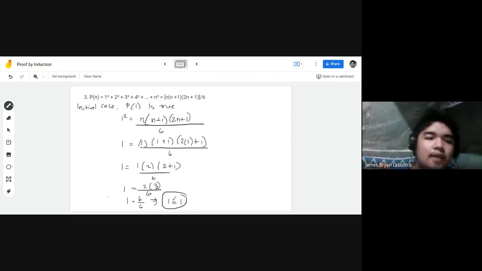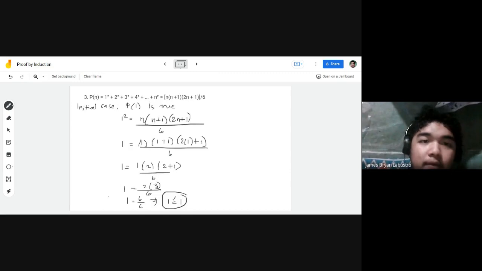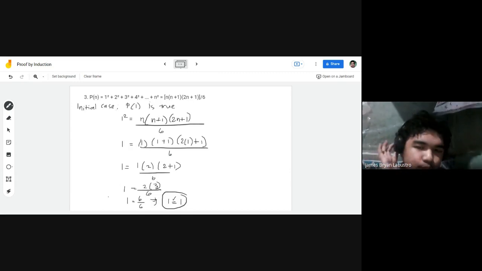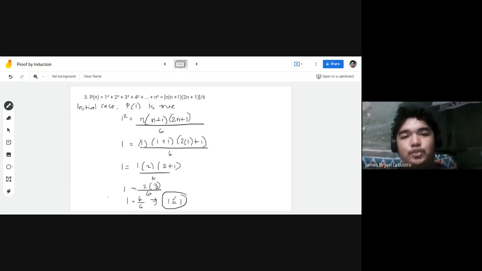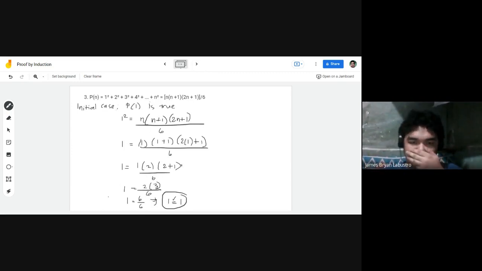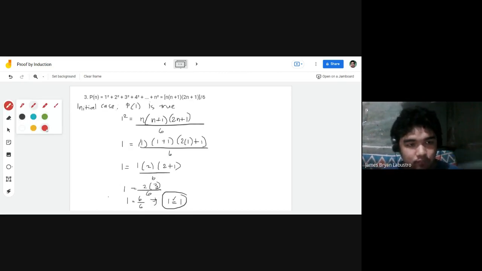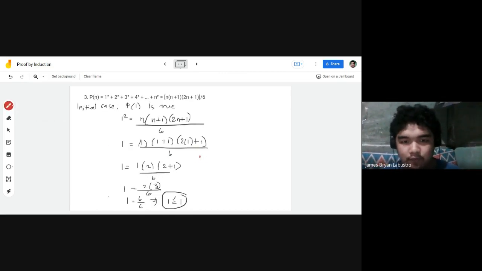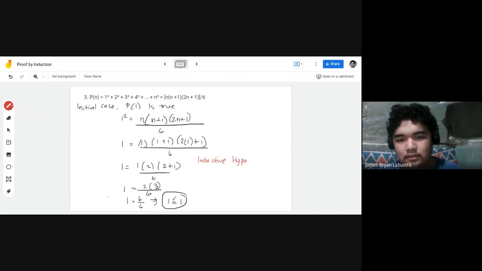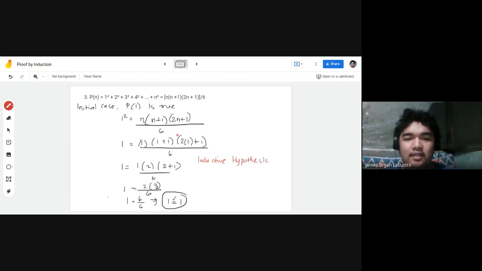Now, how about the inductive hypothesis? For the inductive hypothesis, we let n equal k, and we're going to assume that P of k is true. So we let n be equal to k.